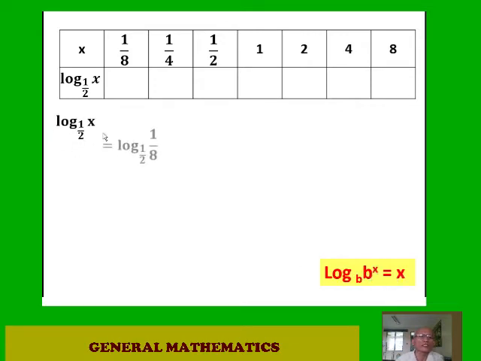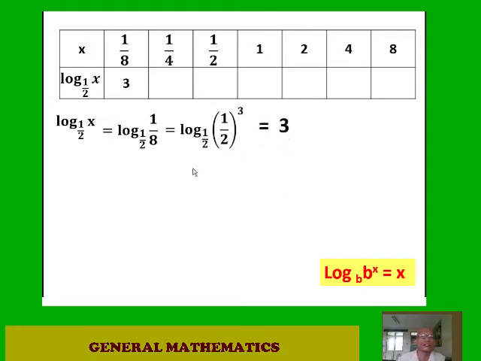So let us substitute x first with 1/8. We can express 1/8 as 1/2 cube because 1 cube is 1, 2 cube is 8. Now, they have the same base. This is 1/2 and the base of the logarithm is 1/2 following this property. So the value of this logarithm is equal to the exponent 3.